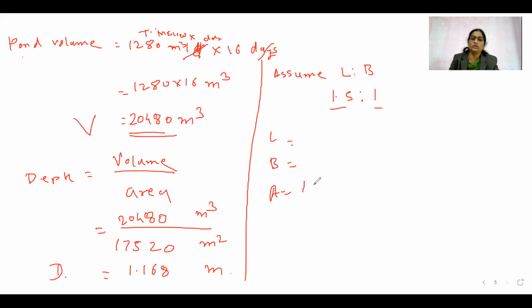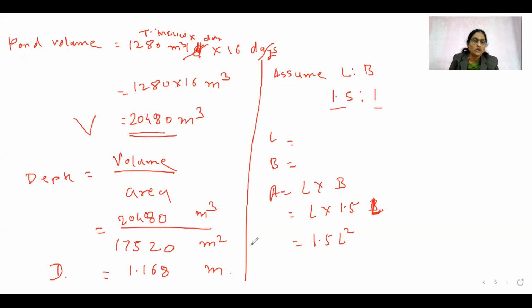area. A is equal to L into B. Suppose L we will take as L, and B is 1.5 L. So it becomes 1.5 L square.